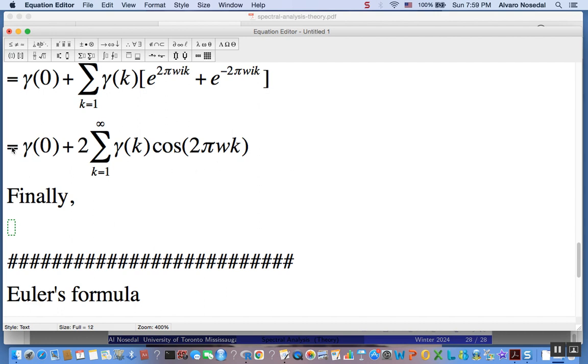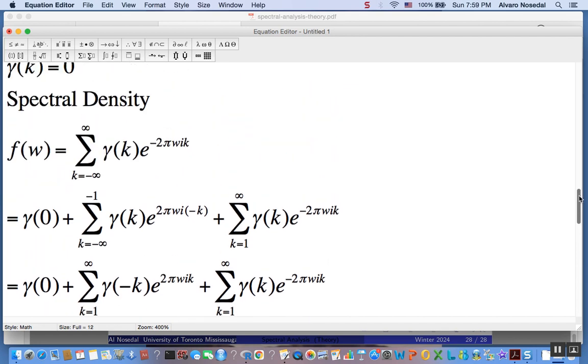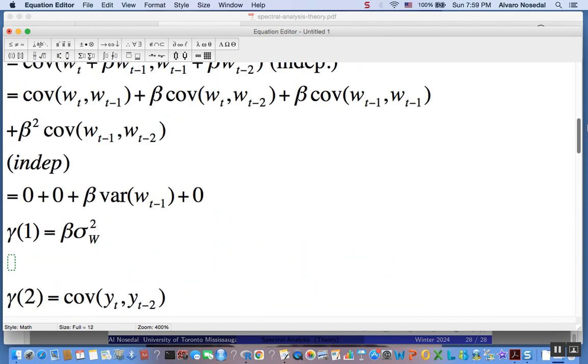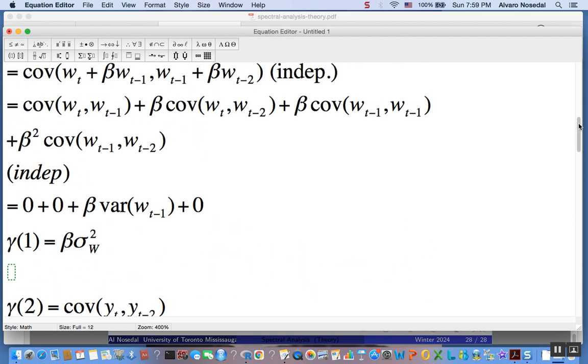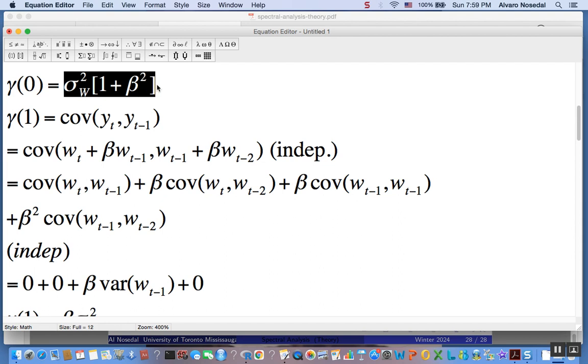Okay, so finally, what we have is gamma at 0. So, first let me say that we have f at w, the spectral density, is going to be gamma at 0. In our particular case, let me remind you that what you showed is that gamma at 0 is given by this expression that we have here: the variance of the w's times 1 plus beta squared.